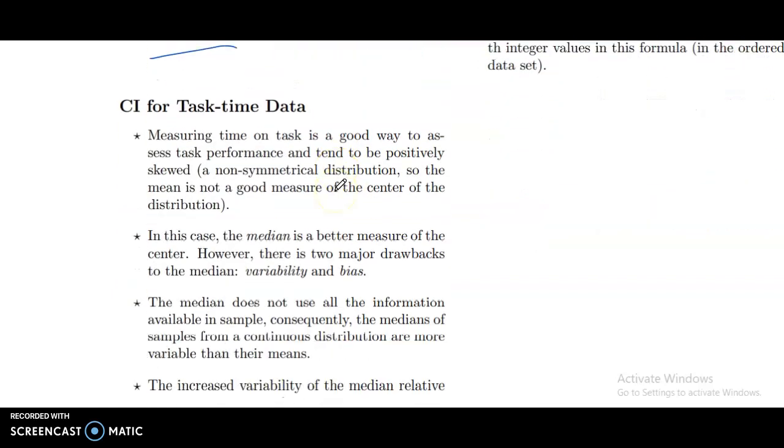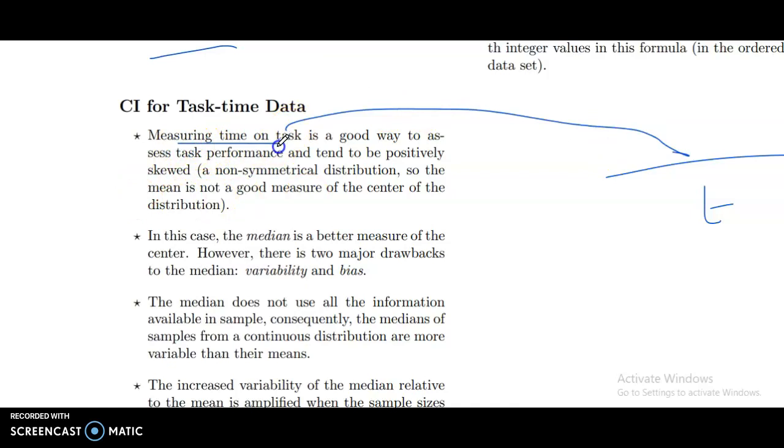Confidence intervals for task time data. Measuring time on task is a good way to assess task performance.